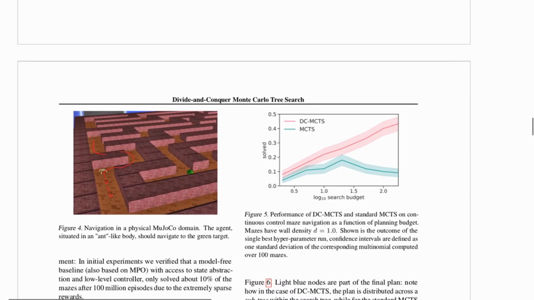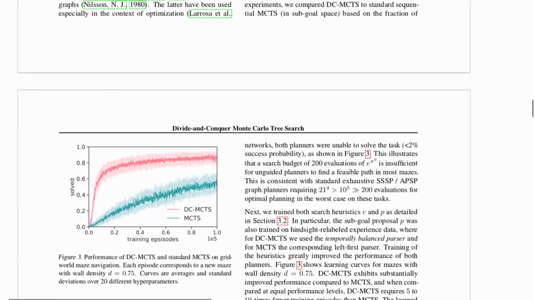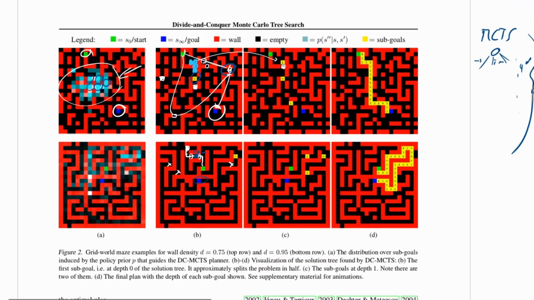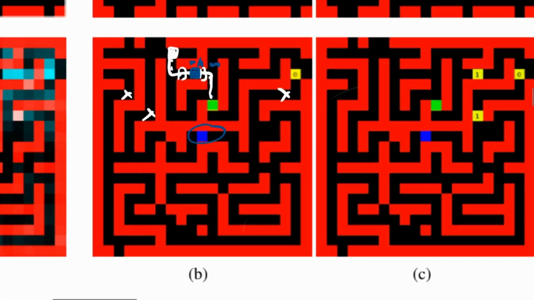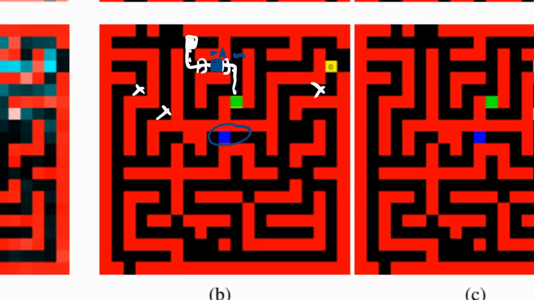Now, I have to say, this is cool, but you have to remember this is only advantageous in very, very specific types of problems. So first of all, it has to be this goal-directed nature. Otherwise, you probably couldn't train this predictor here super well.